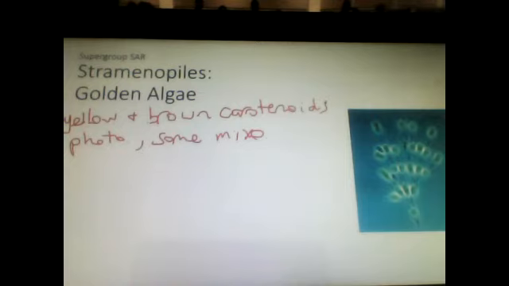The golden algae are often, again, we don't use always, they're often biflagellated. So they usually have two flagella on one end.